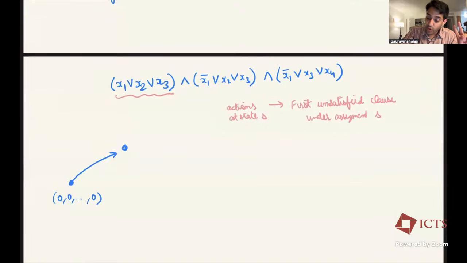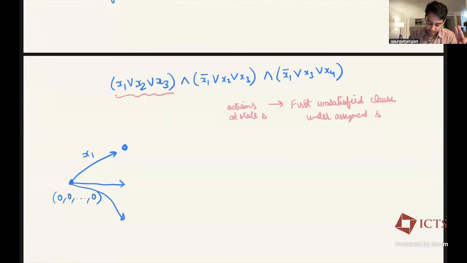Then my 3 actions are basically going to be the 3 variables in the clause: x1, x2, and x3. The actions correspond to 3 variables in the clause, and if you take an action, it flips that variable.